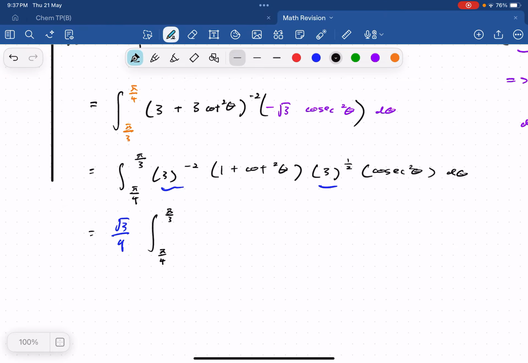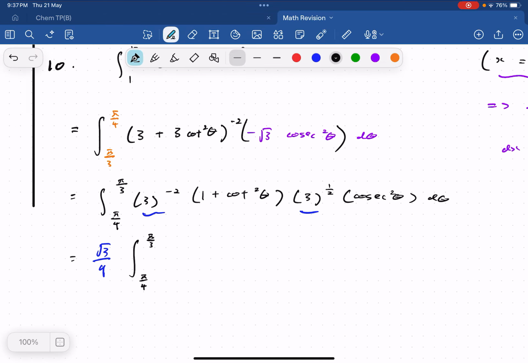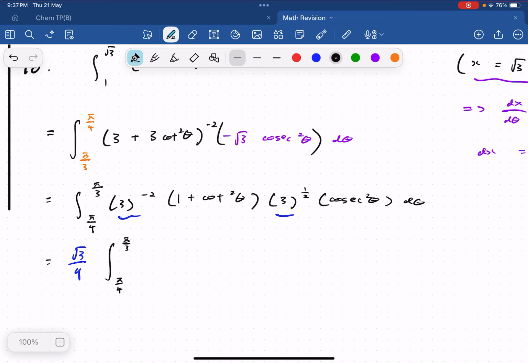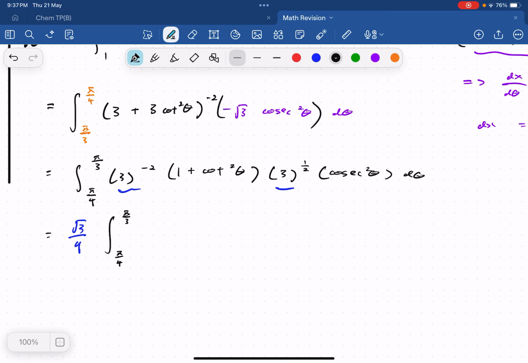So by that result that we have on top, 1 plus cot squared is cosec squared. Oh, I'm so sorry, I forgot to include here this minus 2. So I will have cosec squared theta to the power minus 2. And then just copy this over. So now I have expressed everything in terms of cosecant squared theta.